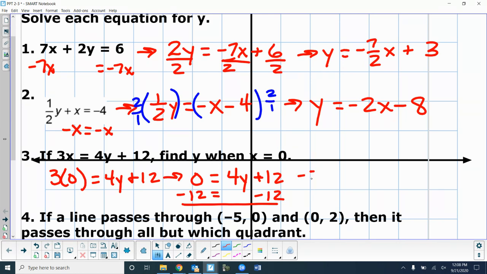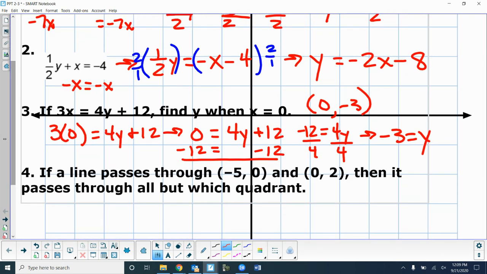And get negative 3. So that point would be 0, negative 3, right? If I had to plot it, that point would be right here, right?